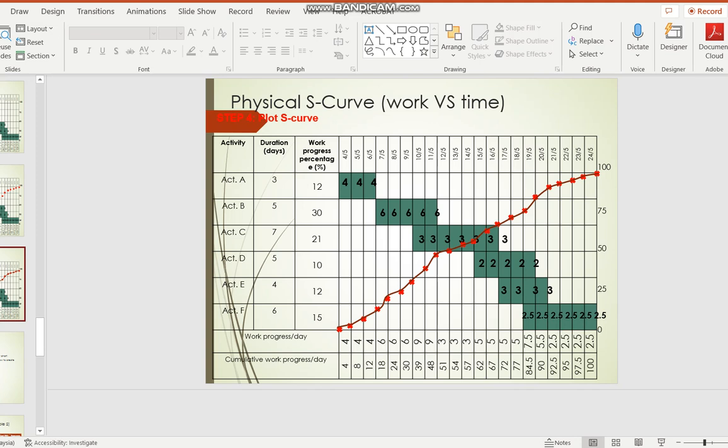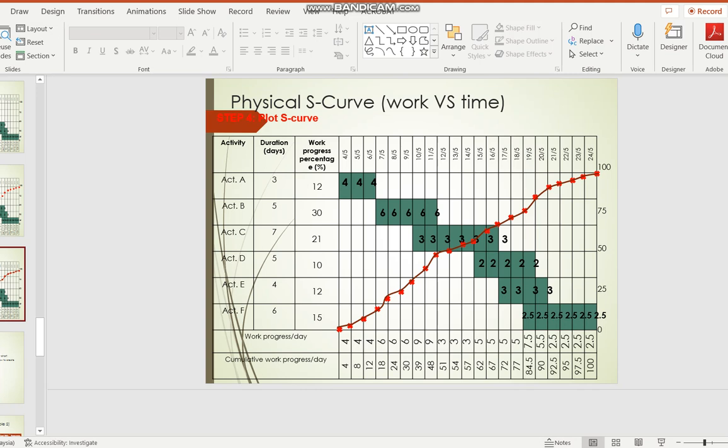Necessarily an S. Okay. So these are 2 means of presenting our work progress and also how much money we spend. Normally they will look quite similar, but not necessarily. You see, this curve and the other curve, the financial one, doesn't look exactly the same, correct or not?